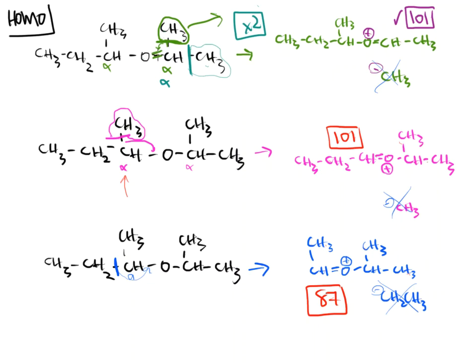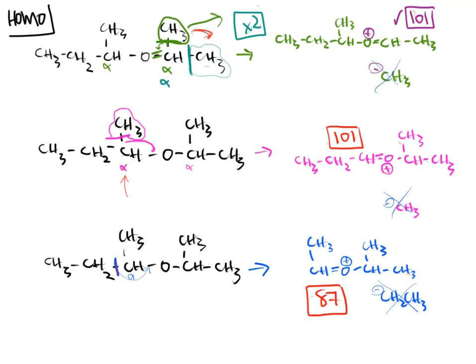So if it cleaves to the right, I get 101 two different ways. If it cleaves to the left, I also can get 101 from that. And if it cleaves to the left, the second option, I'll get an 87. So there's some numbers that I've got to take away. Keep in mind that we did not talk about which one was going to be more stable in the homolytic cleavage. It was just the heterolytic cleavage that we did that with.